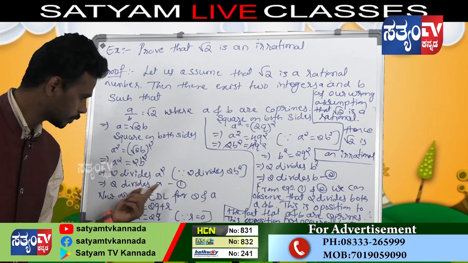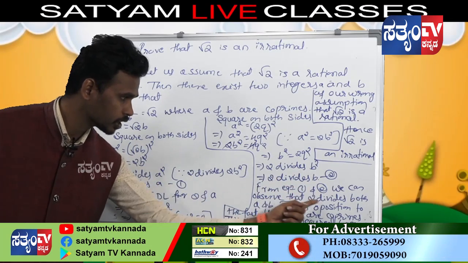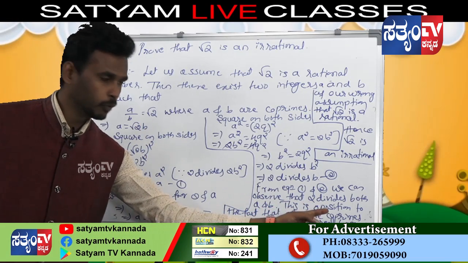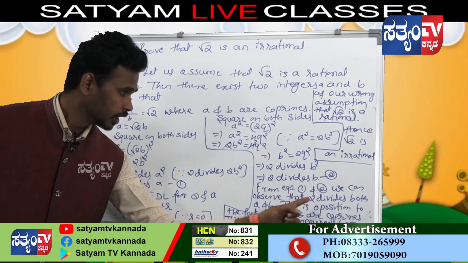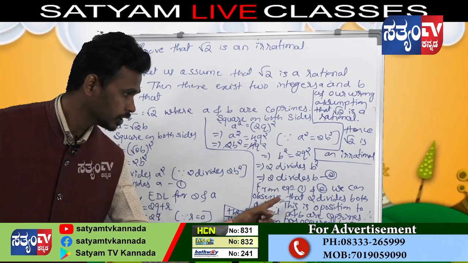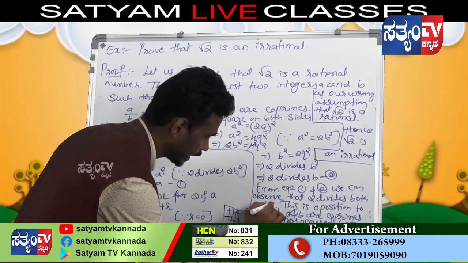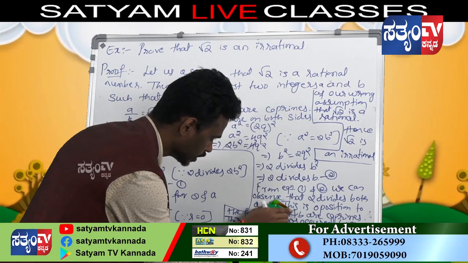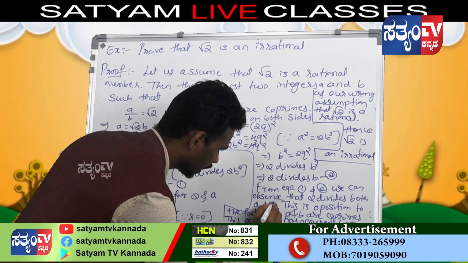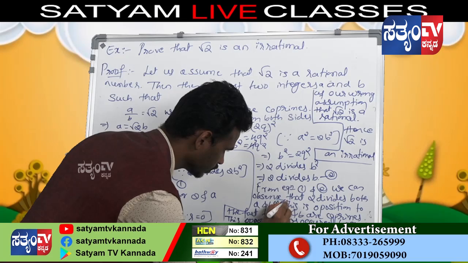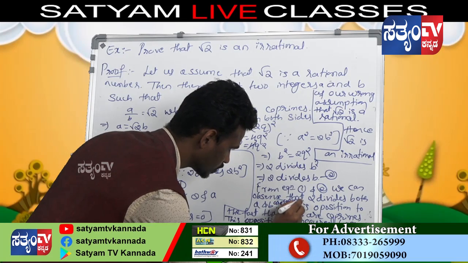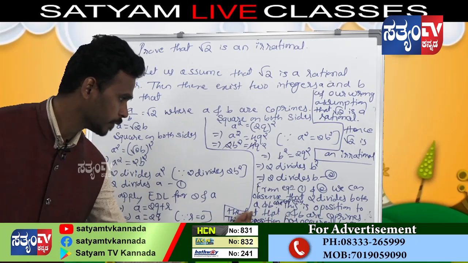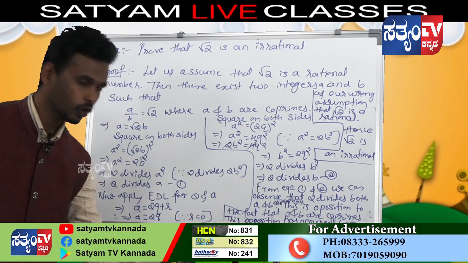Now from equations 1 and 2 we can observe that 2 divides both a and b. This is opposition to the fact that a and b are co-primes.